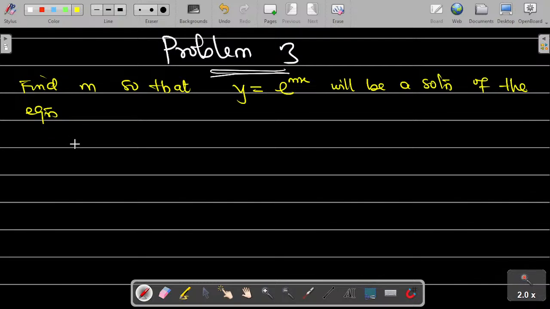Look at the equation here: y prime prime plus y prime minus 6y equal to 0. Okay, so you are looking for what will be the value of m that will make this particular y a solution to this differential equation.